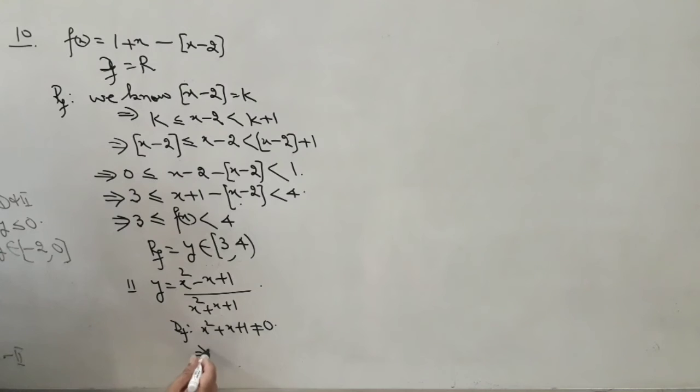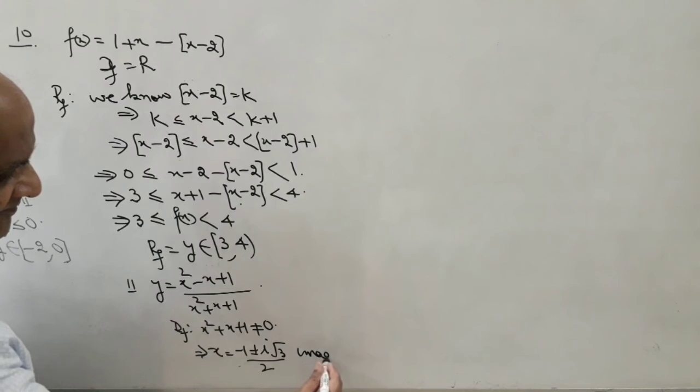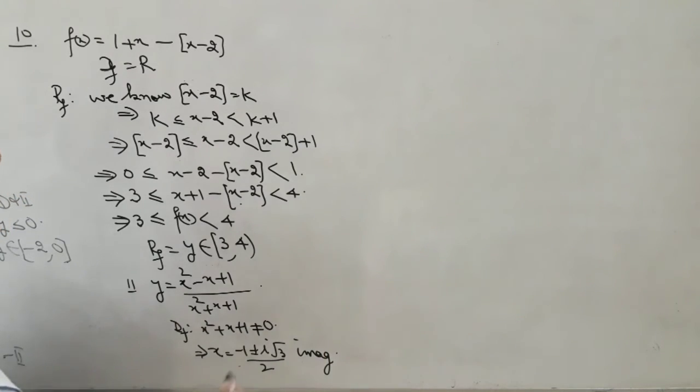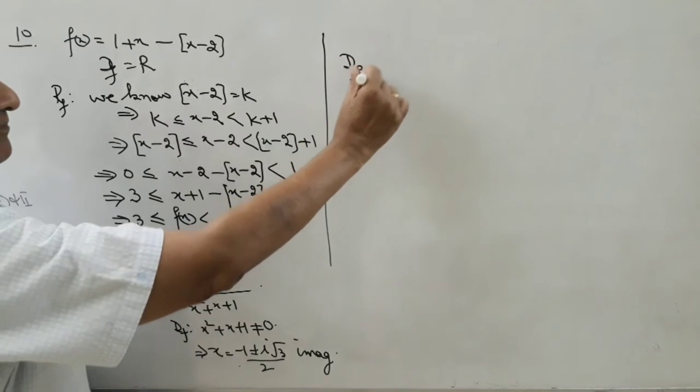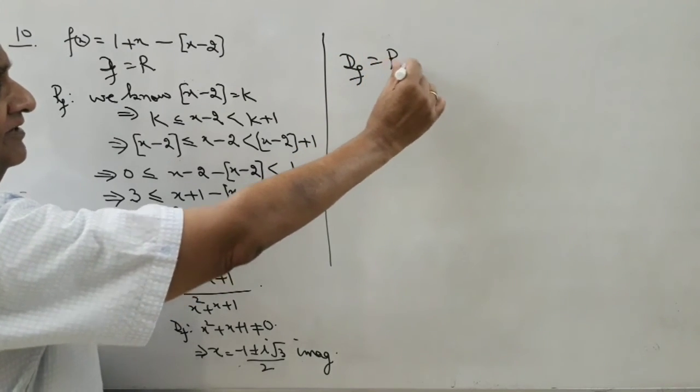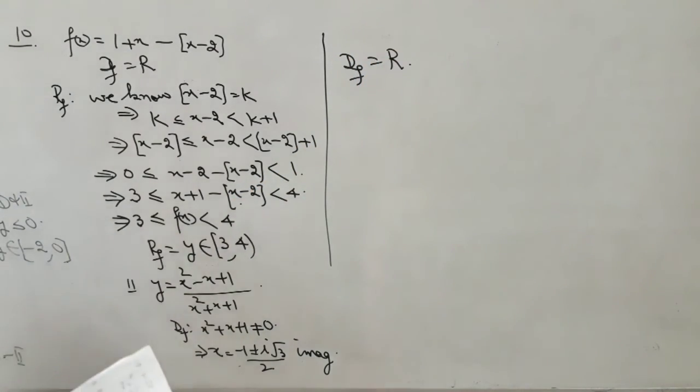This implies x = (−1 ± i√3)/2, which is imaginary. Therefore, the domain of the function is all real, because the imaginary values are rejected.